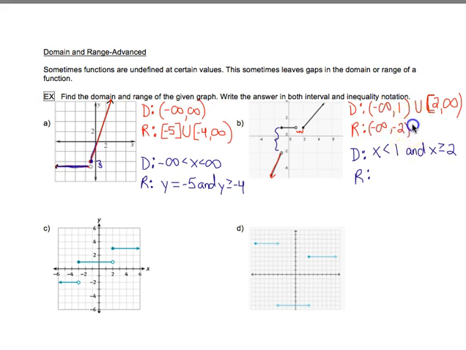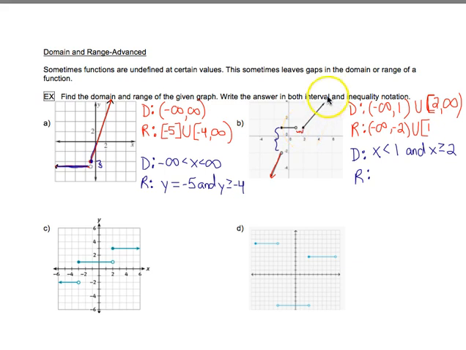And then we jumped, and we didn't pick back up again until we had our y at, looks like it's about +1, and that is included. Now the y, there's no more gap, because here's all kinds of values we have at +1 for y.